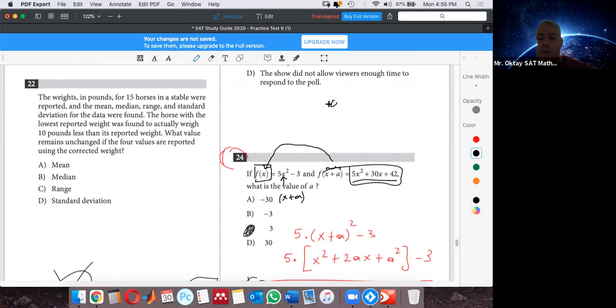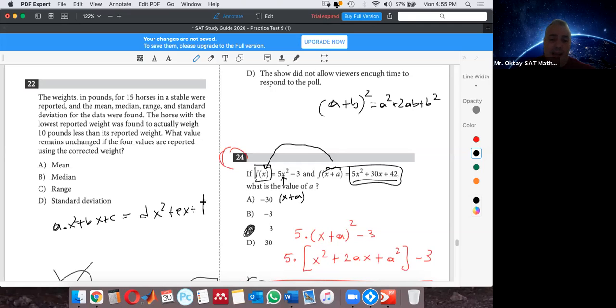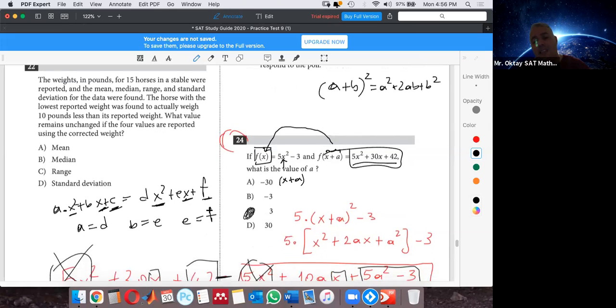To solve this question, we have to know that (a plus b) squared is a squared plus 2ab plus b squared. And then we should know if you have ax squared plus bx plus c equal to dx squared plus ex plus f, then a is equal to d, b is equal to e, and c is equal to f as a general rule. And then it's easy to solve this.